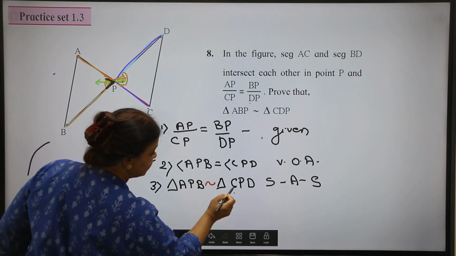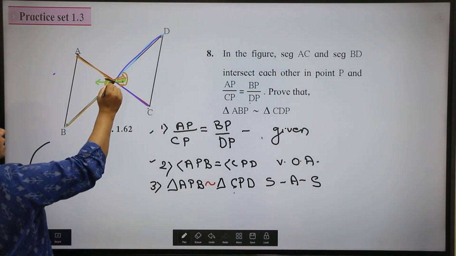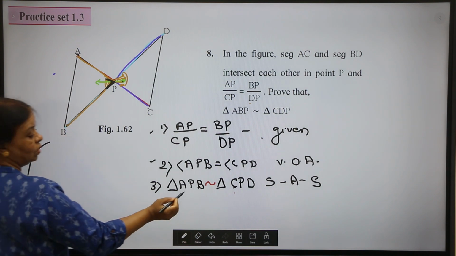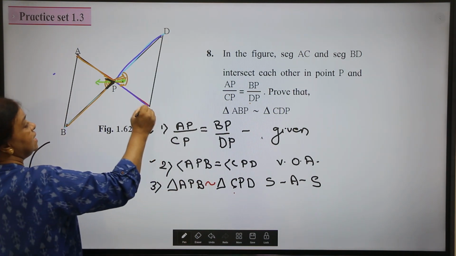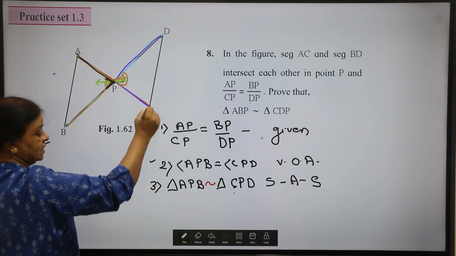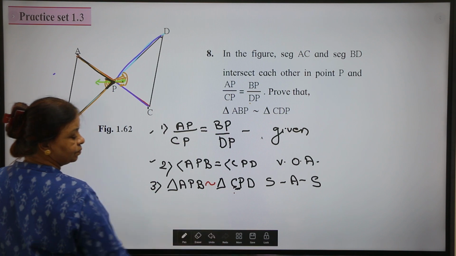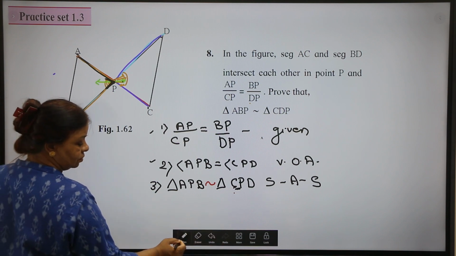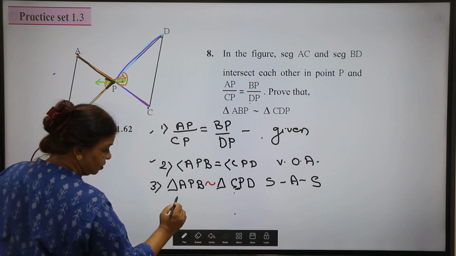And why did I write C here? See, triangle APB is similar to triangle CPD, because AP corresponds to PC. So what are we getting now?